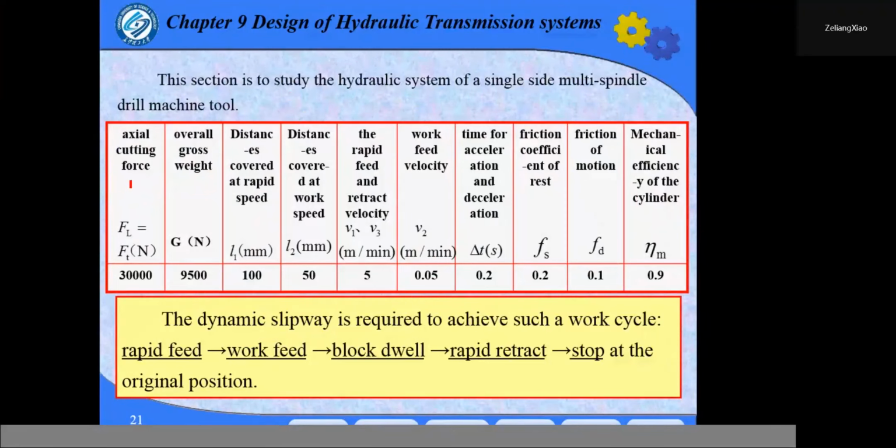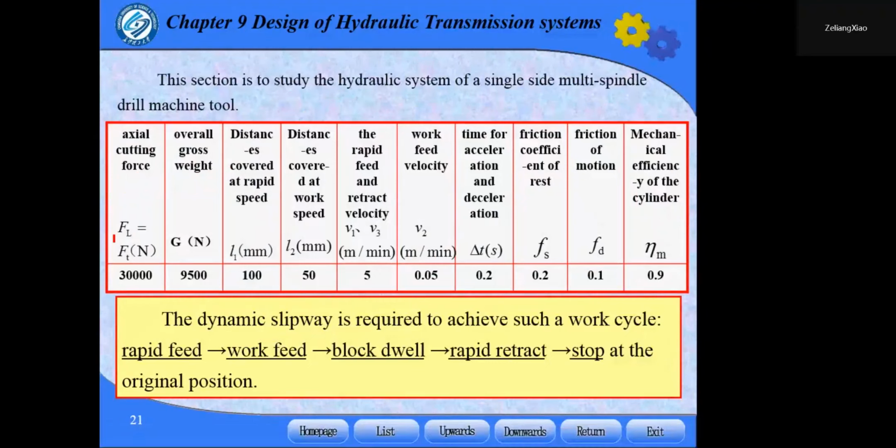Here, cutting force 30,000, the overall gross weight 9,500, stroke 100 millimeters. Piston working speed is 50 millimeters.